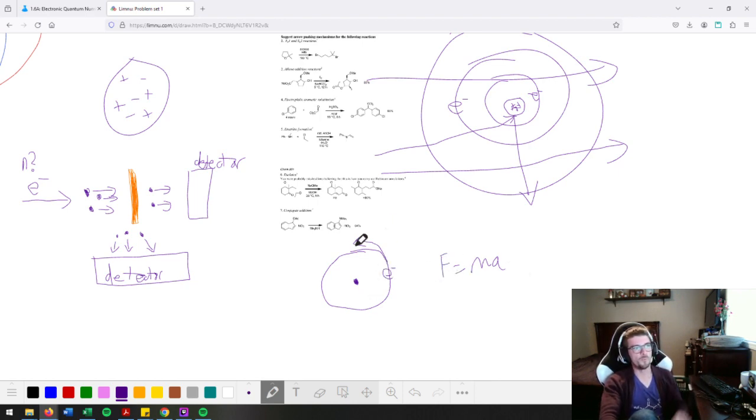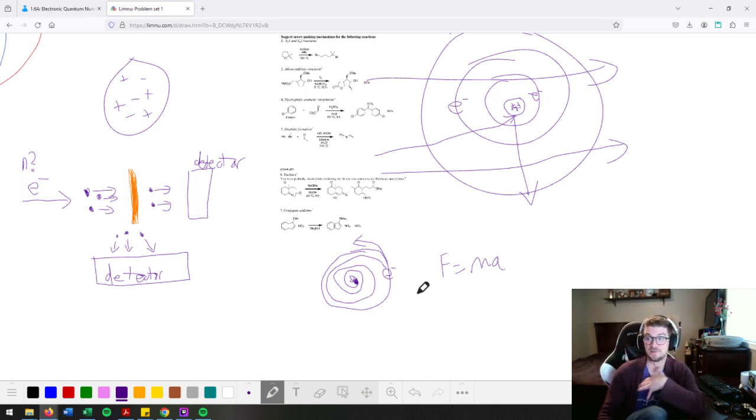So by strictly Newtonian physics, electrons would very quickly lose energy as they orbit, and they would spiral into the nucleus. But clearly that doesn't happen because we exist. So it cannot be that electrons are continually collapsing into the nuclei. So they cannot operate by Newtonian physics. They must operate under quantum physics, which introduces wave-particle duality.